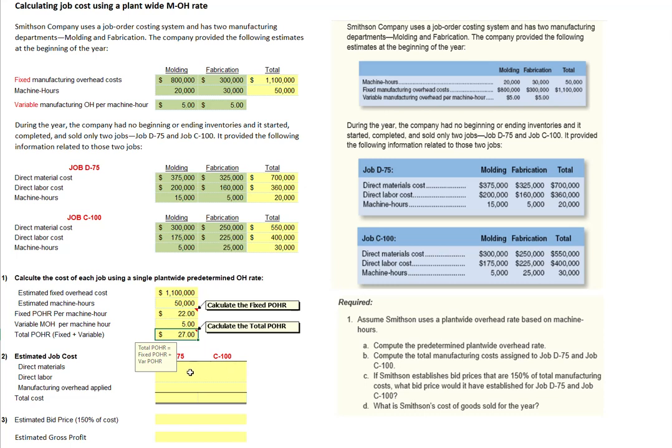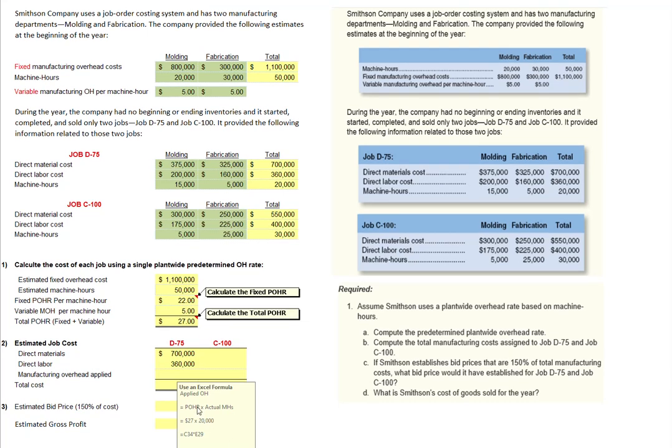Let's go ahead and estimate our job costs. Let's begin on job D75 by picking up our estimated material cost of $700,000, our estimated labor cost of $360,000, and now we need to apply our manufacturing overhead. That, of course, is our predetermined overhead rate of $27 per hour times our total machine hours for job D75, which is 20,000 hours.